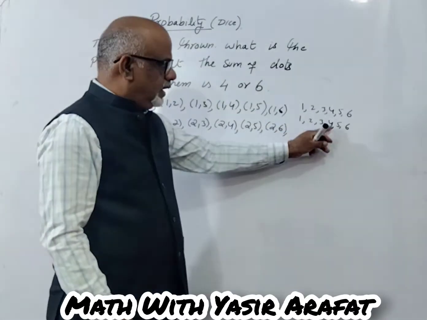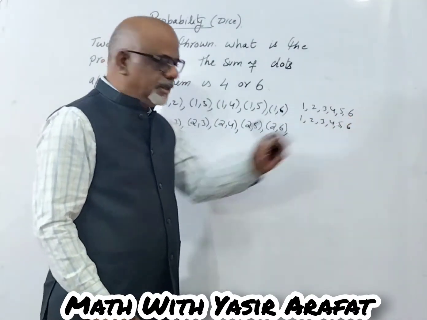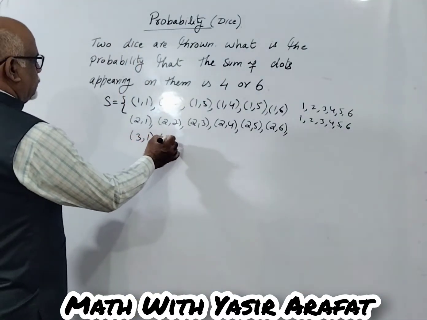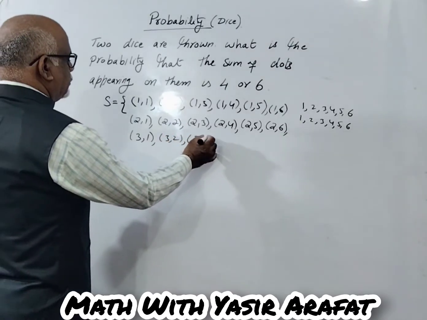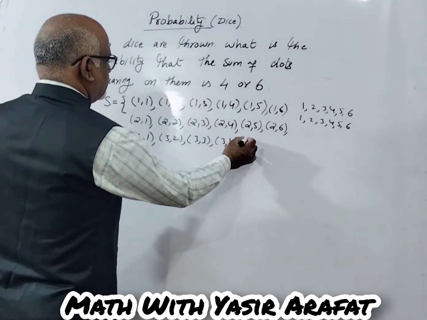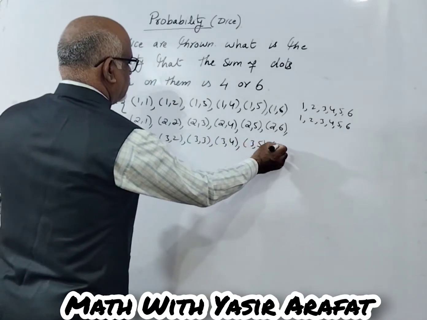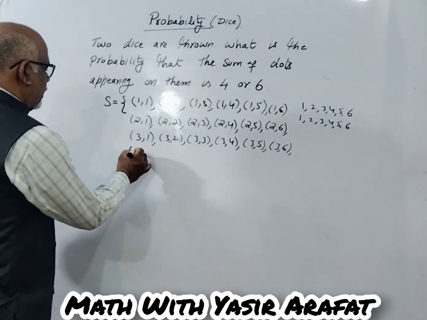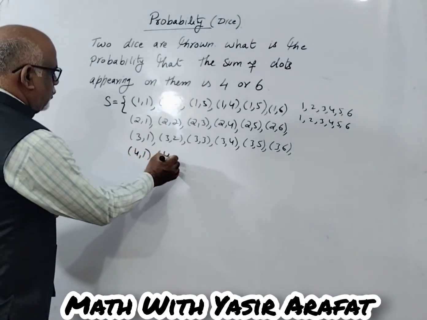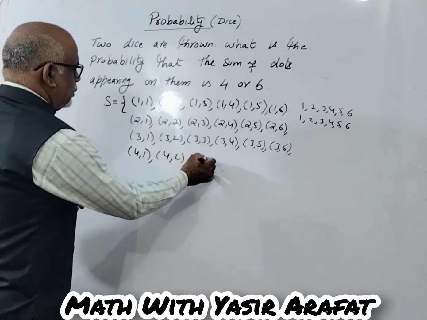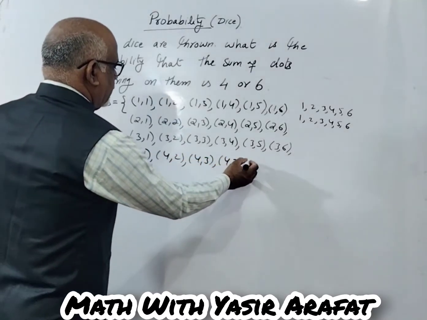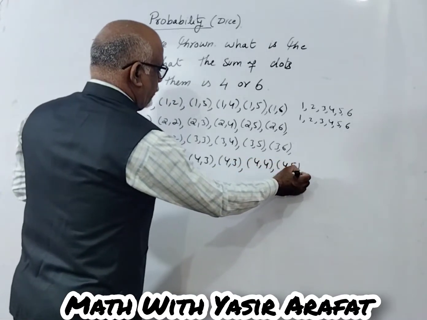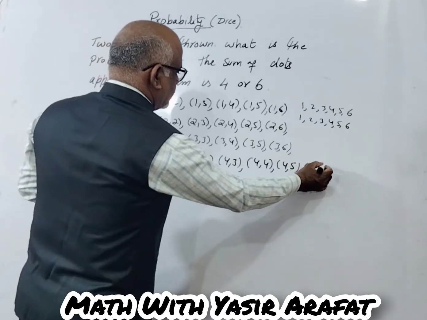Similarly, with 3, 4, 5 and 6 we have to make the ordered pairs. So this is 3, 1, 3, 2, till 3, 6. Now 4, 1, 4, 2, 4, 3, 4, 4, 4, 5 and 4, 6.